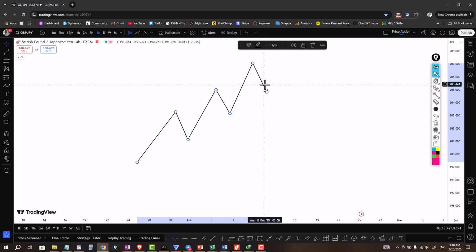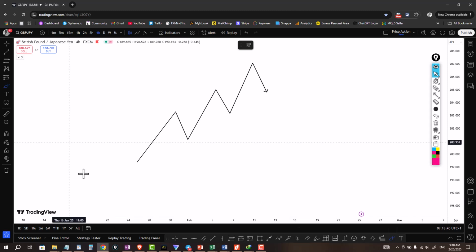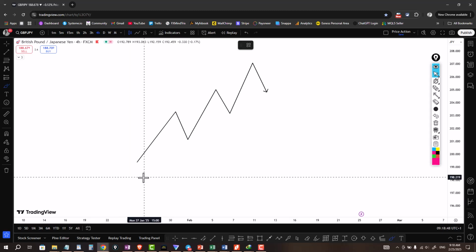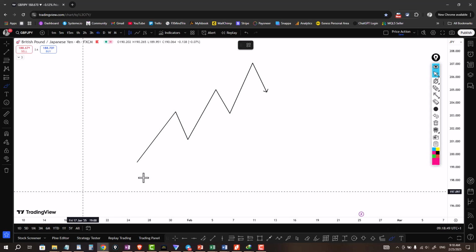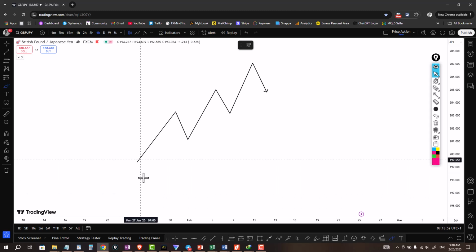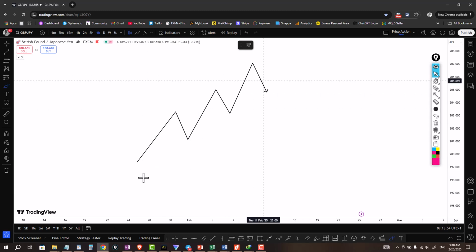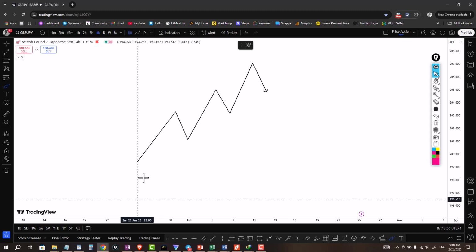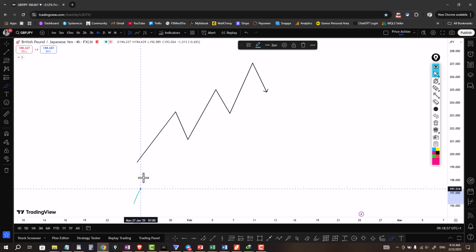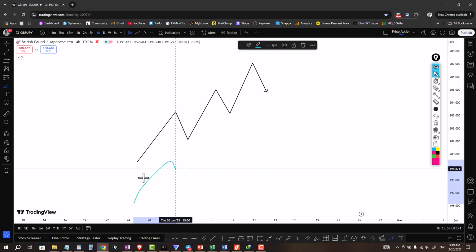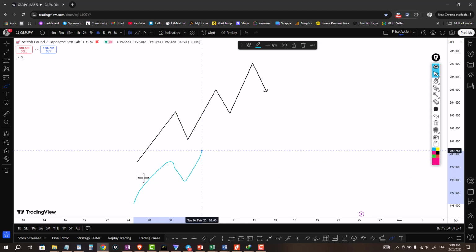Now, what you want to see in the oscillator window is that the oscillator is doing the exact same thing that price is doing. Since price formed higher highs and higher lows here, you also want to see the oscillator beginning from somewhere around here and going all the way up when price forms a higher high, then pulling back a little bit, and then going all the way up again to form a brand new high, also higher than its previous high.